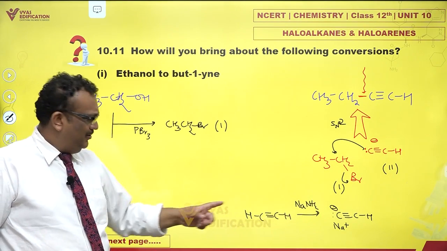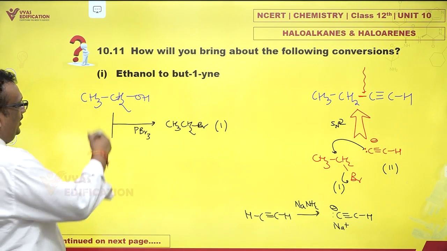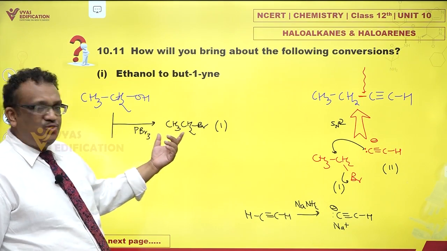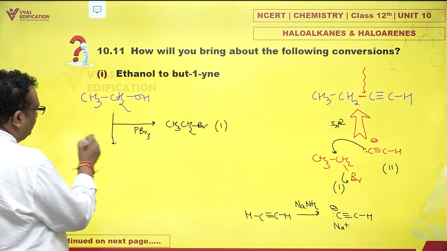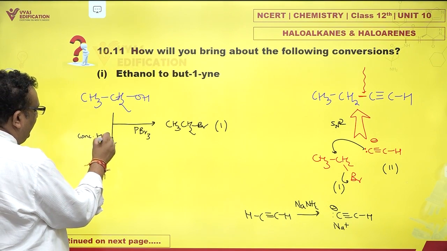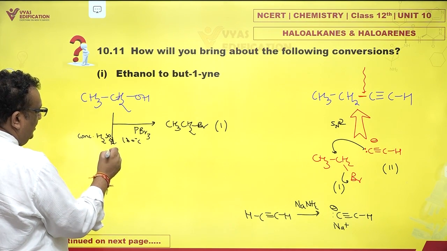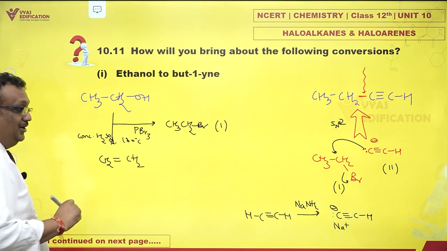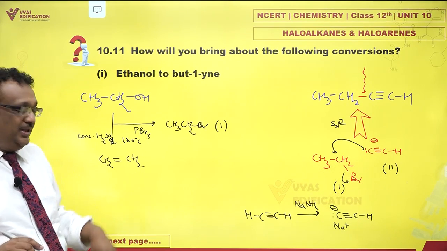Let me try elimination reactions, a more drastic one. How exactly? Well, if I have CH3CH2Br, great. Else, I could also use concentrated H2SO4 at 180 degrees Celsius heat, and I'll get CH2 double bond CH2, an alkene. I have to prepare an alkyne, so at least let me get to the alkene.